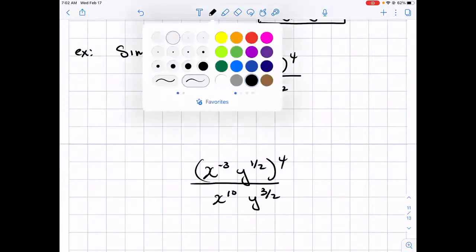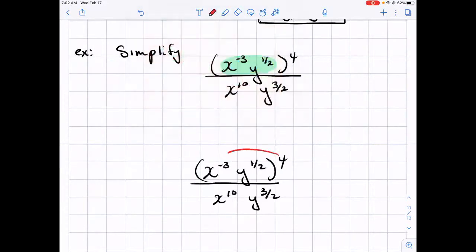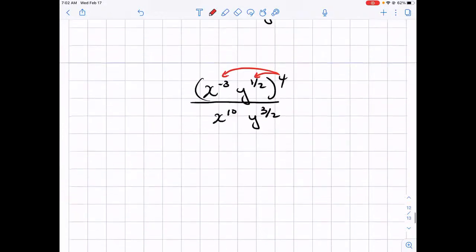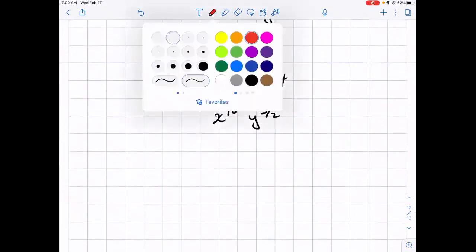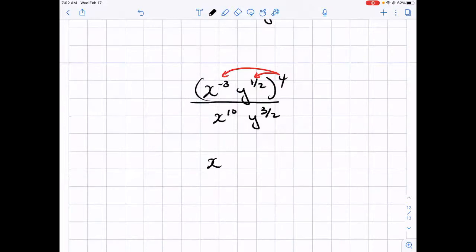And what I'm going to do here, I'm going to distribute that 4 to the -3 and that 4 to the 1/2. By doing this, we get x to the -3/4, y to the 4/2 divided by x to the 10th, y to the 3/2.